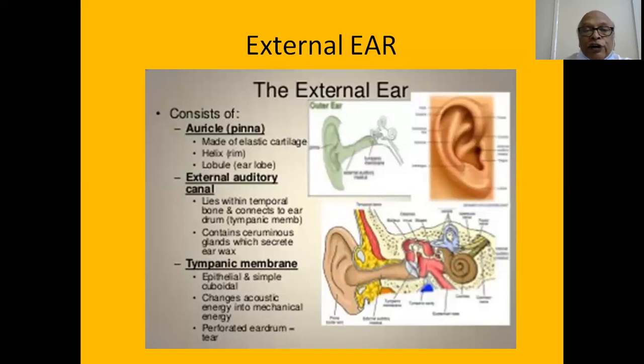The external canal is not a straight tube, it is tortuous. It is directed anteriorly and superiorly. So, if you want to straighten the canal, you have to pull the auricle outwards, upwards, and posteriorly to have a correct view of the tympanic membrane.